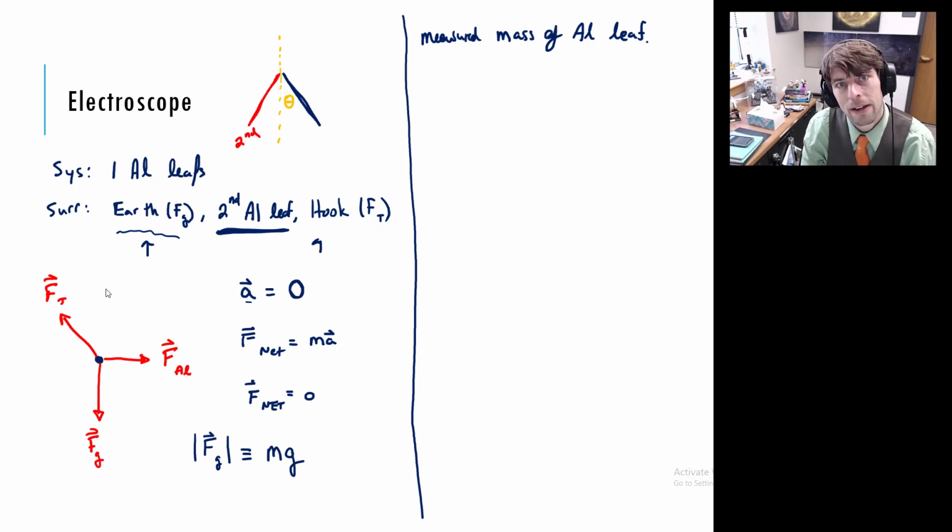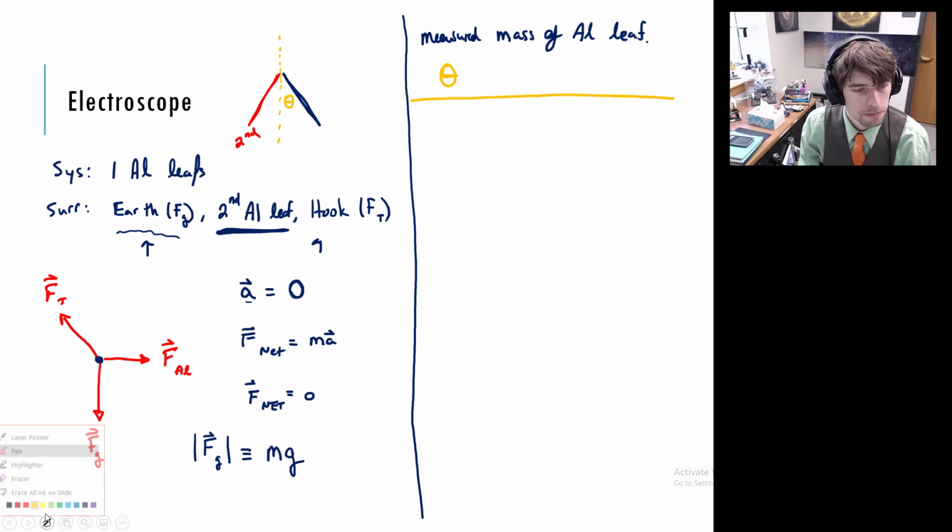Now, why is that important? Why would it be important for us to measure that angle theta? Yeah, good. It'll help us with this tension force. So we will assume that we have that angle theta as well.